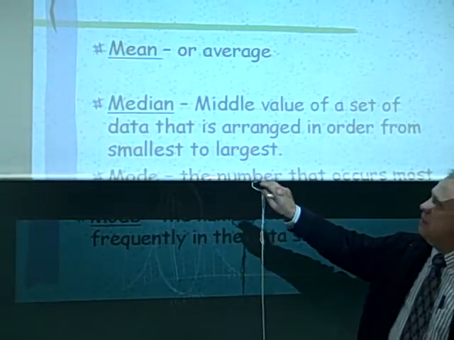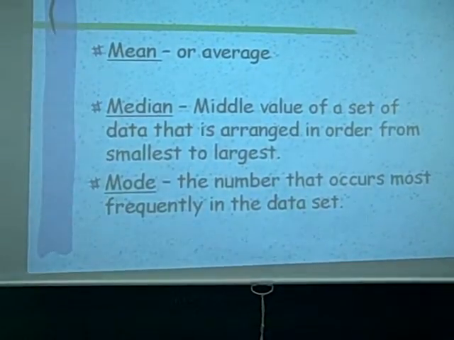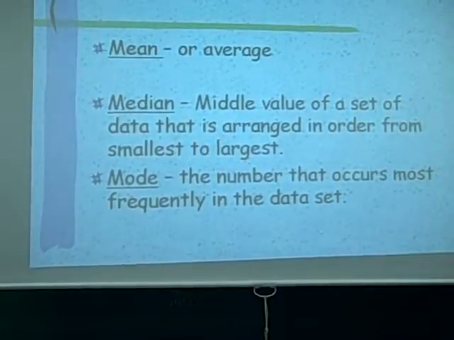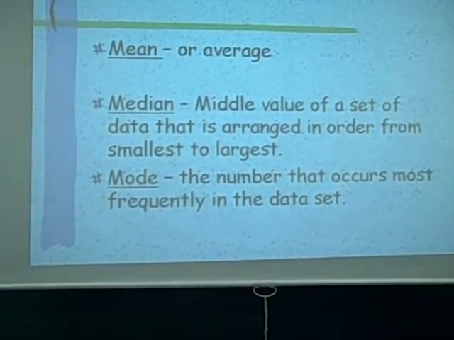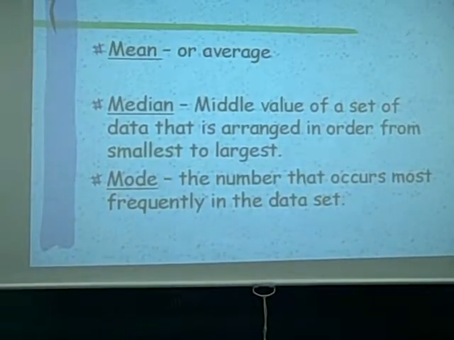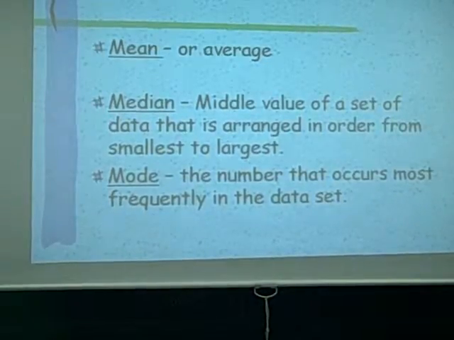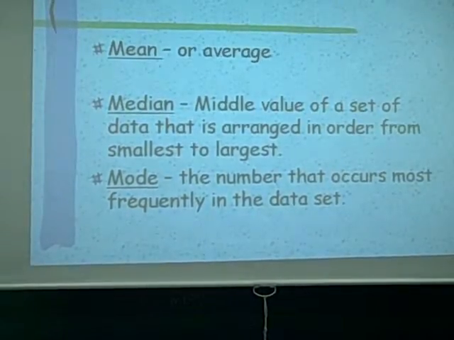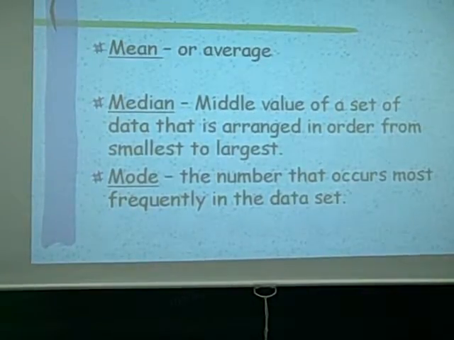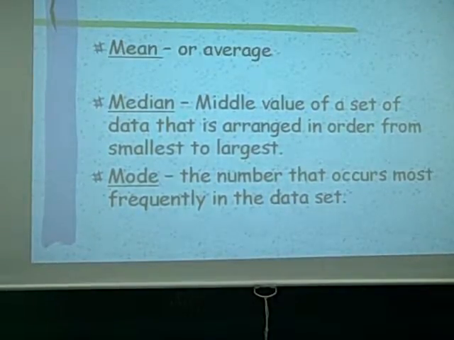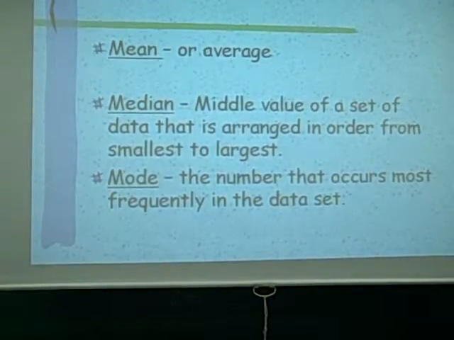Our mean, or our average. Median: that's the middle value of a set of data that is arranged in order from smallest to largest. In the previous lesson, we had a large amount of data and arranged it into 20s and 30s and 40s and so on. Here, we're putting the data in order, in a line from lowest to highest.